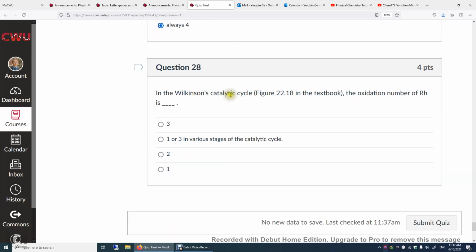In the Wilkinson catalytic cycle, the oxidation number of rhodium changes between 1 and 3. So over here, again, you need to be able to assign valence electrons properly. Usually you assign the electrons to the ligands. So when you have a hydrogen ligand, hydrido ligand, it's -1 charged.